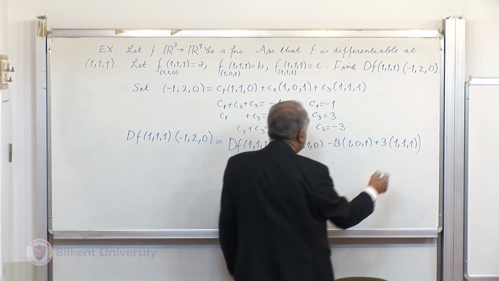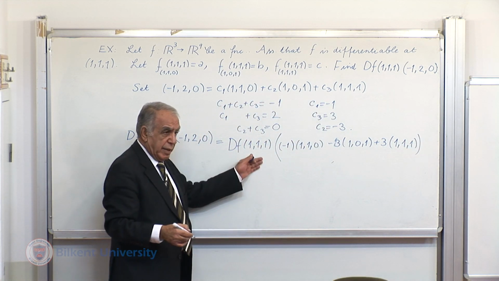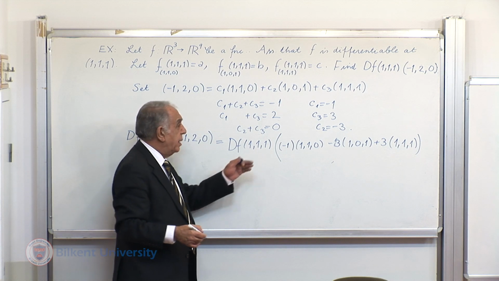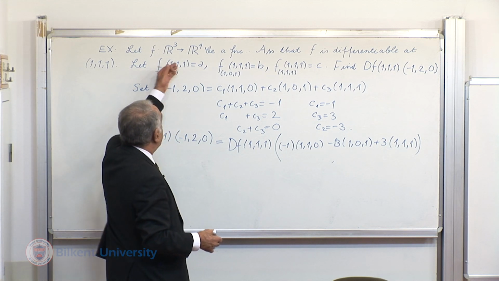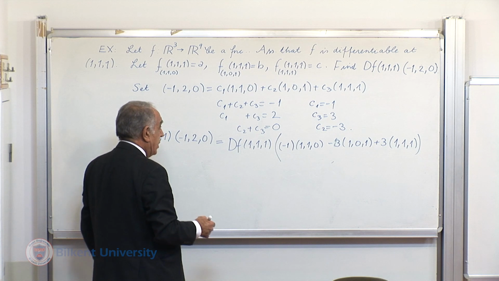But now we can use the linearity of this function. This is a linear map on R3 with values in RQ.